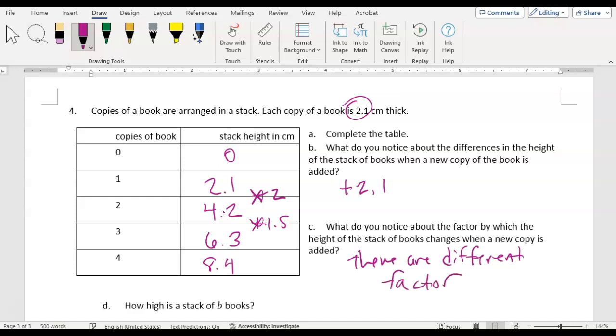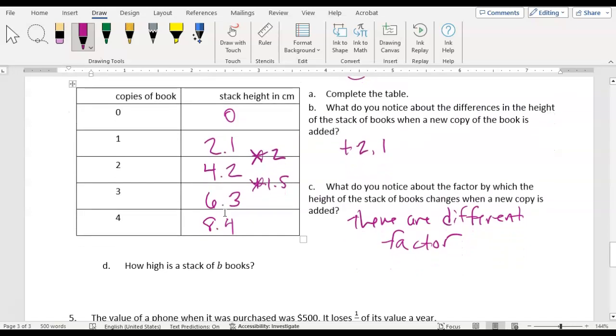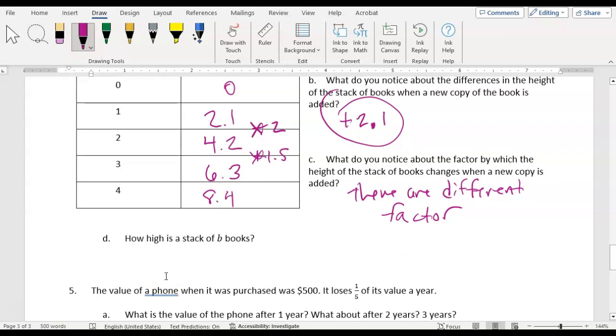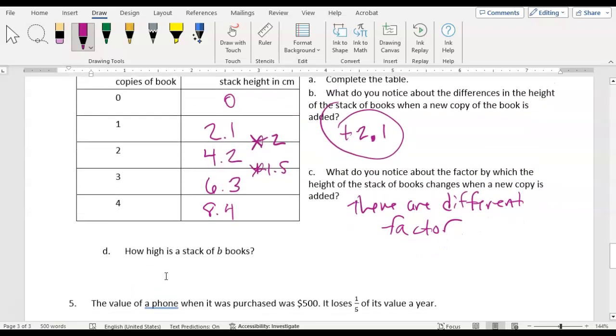Now in this case, this is a linear relationship because we are adding 2.1 each time. That's a decimal. How high is a stack of B books? So a stack of B books is 2.1 times B. Oops, let me rewrite that. It's a little bit better. Equals the height.